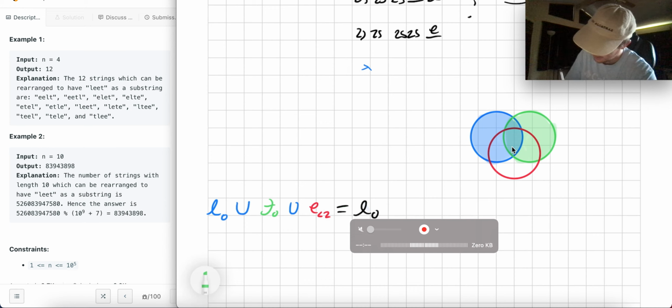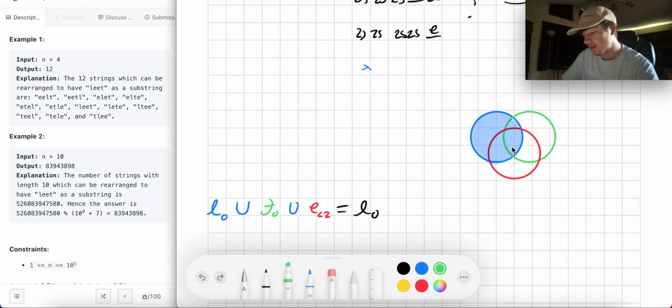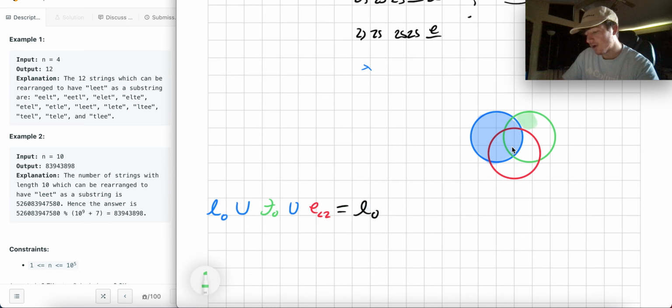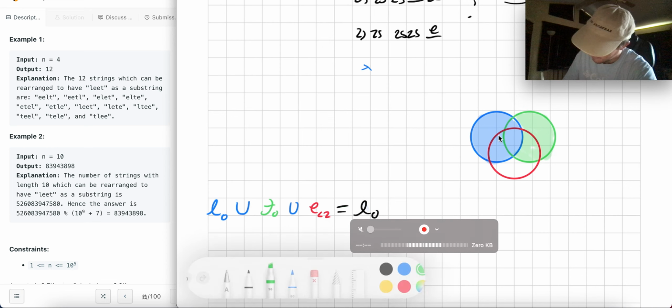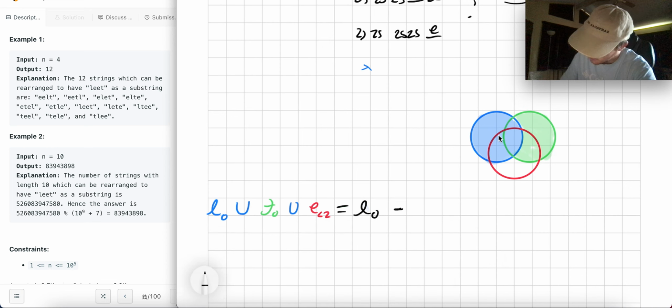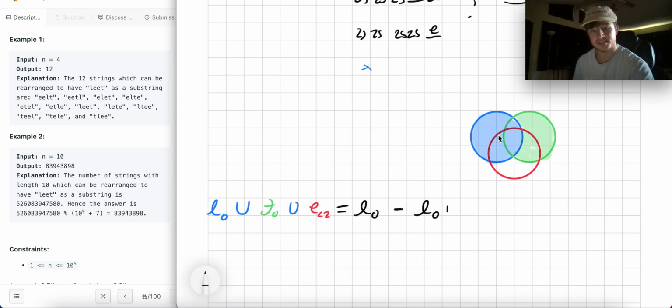So in order to negate that as well, I want to get all of L. I want to get all of T, but I need to subtract out the area that's shared between L and T, right? Because I want to get L, but I want to subtract out this little sliver here. And this sliver here is the intersection between L and T, right? So I want to get all of L, but I need to subtract out the area where L and, now that's the symbol for and, T are shared, okay?